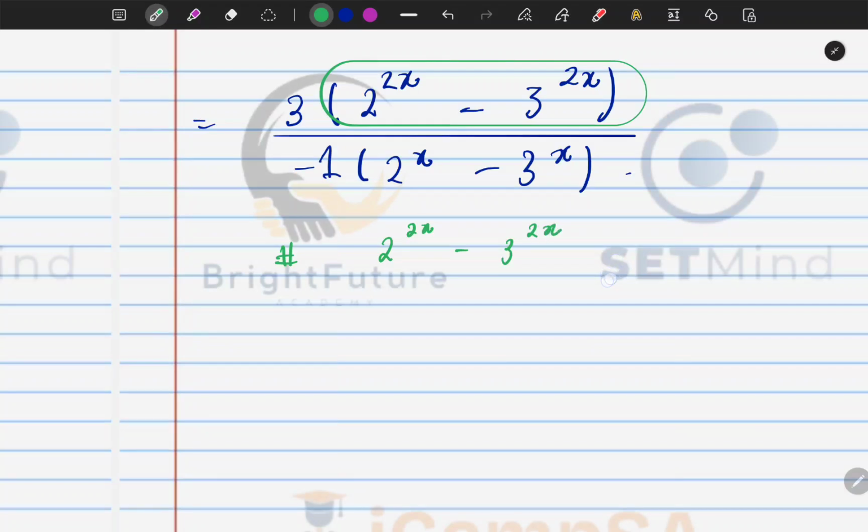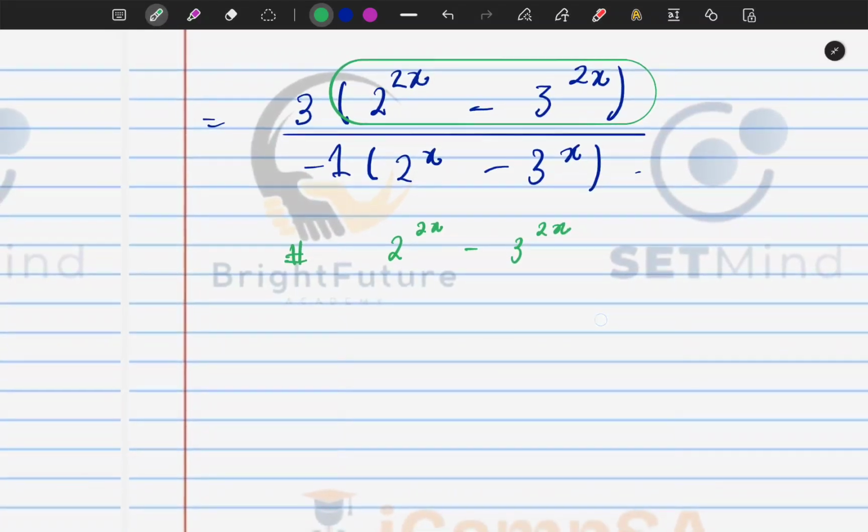So this expression is going to be a difference of two squares. It's almost the same thing as if you had x squared minus y squared.